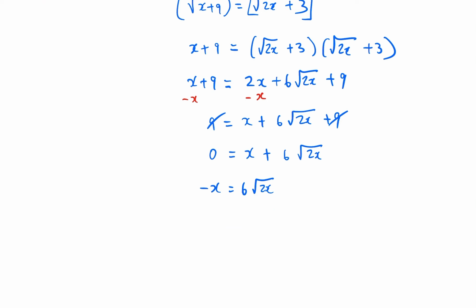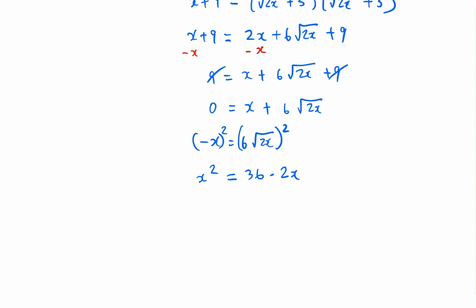Okay, so now what we're going to do is square both sides, and when we do, we get x squared is equal to 36 times 2x, and that works out to x squared is equal to 72x.